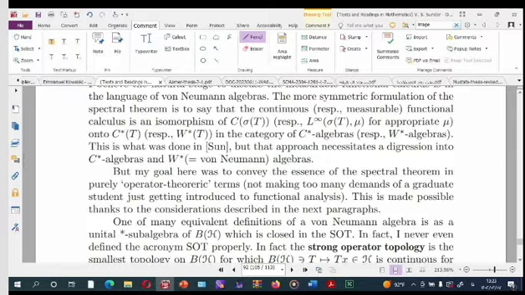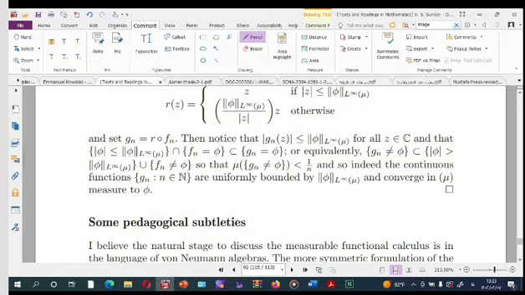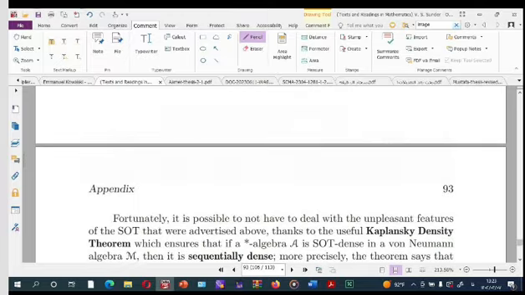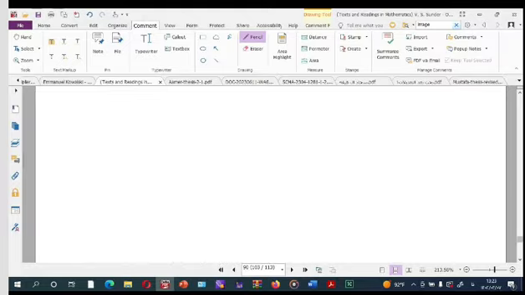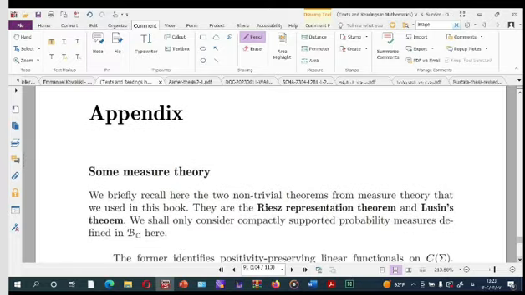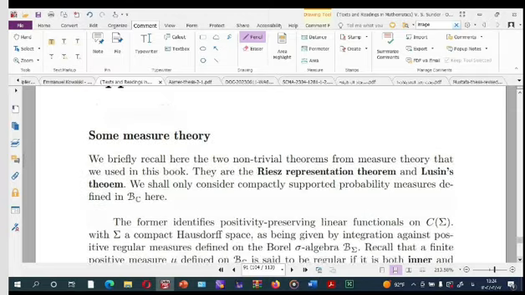Okay, from the first of this appendix. We briefly recall here the two non-trivial theorems for measure theory that we use in this book.